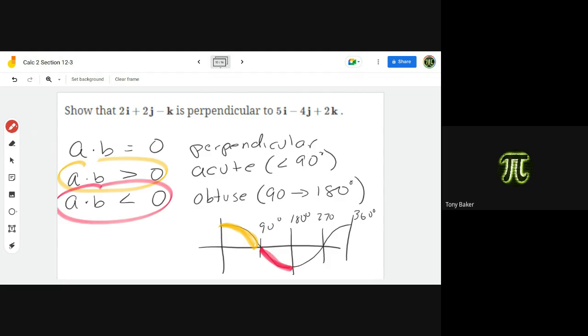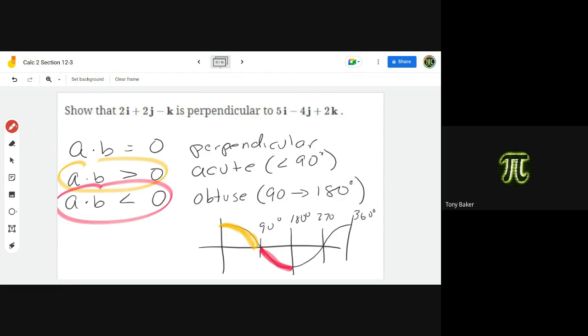So we might not be able to figure out the exact value. Well, we can by doing some extra work. But just by doing the dot product, we can get some information about that angle, which could be very helpful depending on which situations we're dealing with. The most important one, though, is if the dot product is 0, they're perpendicular.